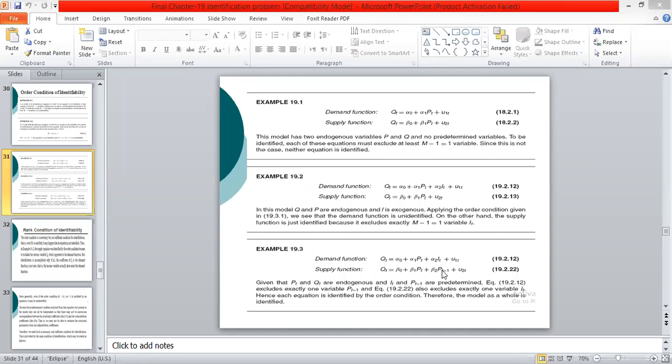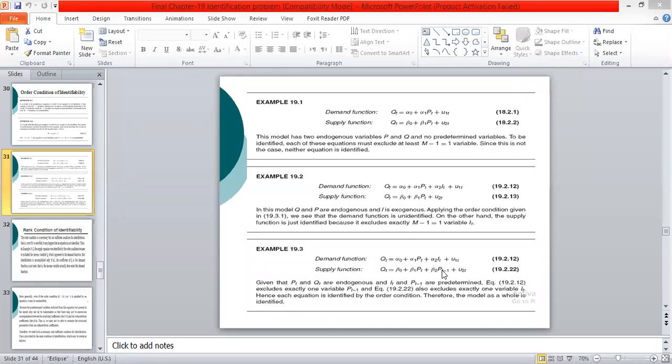Look at the supply function. Same story, same information for the supply function as we have for the demand function. In the supply function, we have two endogenous variables, and we have one predetermined variable. Apply the formula, we get the same result as we have for the demand function. 1 equal to 1, because you can see that in the supply function, the number of excluded predetermined variables is equal to 1, and that is equal to the number of included endogenous variables less 1.